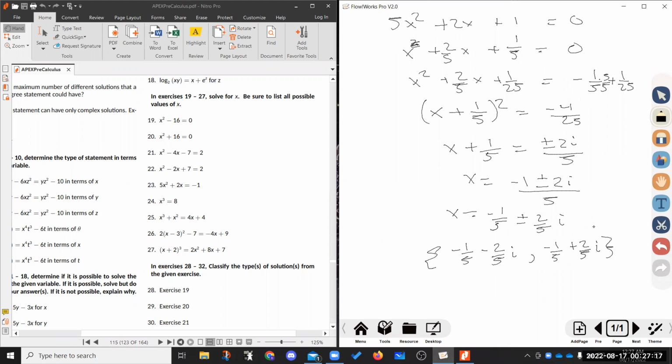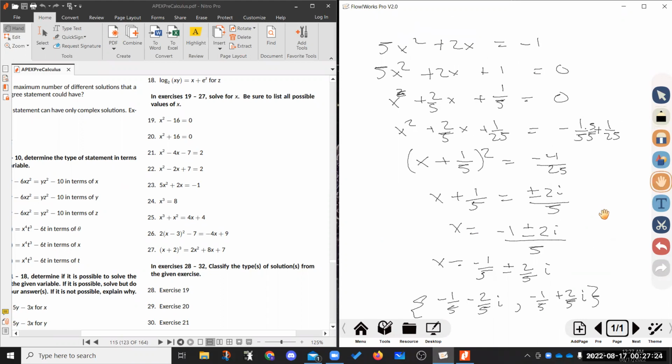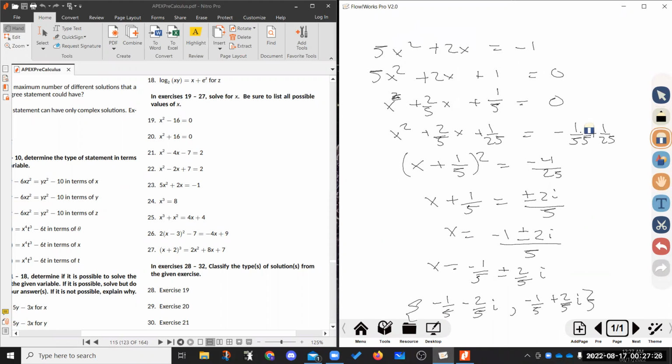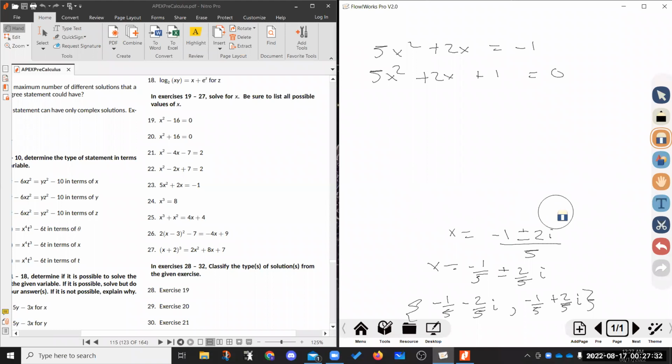Let's see if we can verify that solution with the solutions from the quadratic formula instead. So let's come back up here to the beginning. Let's erase all this. See if we can get to that same answer a different way. So my A is 5, my B is 2, and my C is 1.